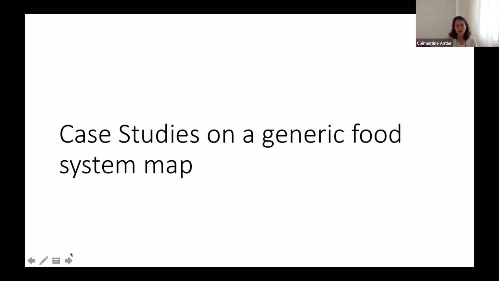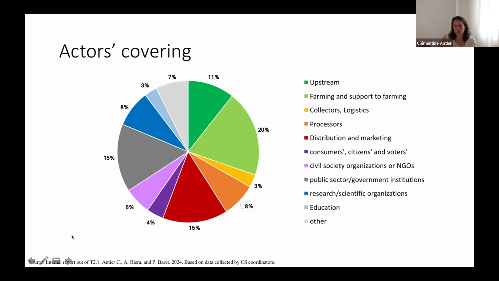And to continue, I wanted to give you a bit more of an analysis of where those case studies are if we look at the food system in general. So first, here you have the covering in terms of the types of actors that were listed in the case studies as part of the actors network, and we have this beautiful covering, I think, of actors of the food systems.